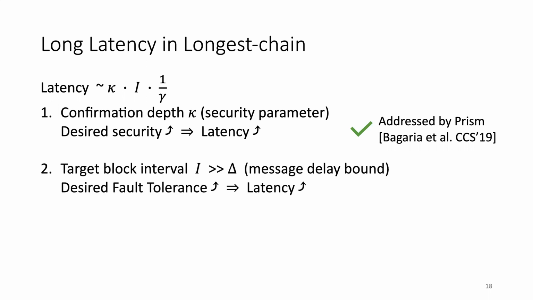For example, there is a notion of block interval. How much time should we leave between two consecutive blocks? That interval needs to be reasonably larger than the message delay. If the interval is too close to the message delay, then blocks will be found around the same time, and it will not form a beautiful chain. It will be a very messy tree structure.